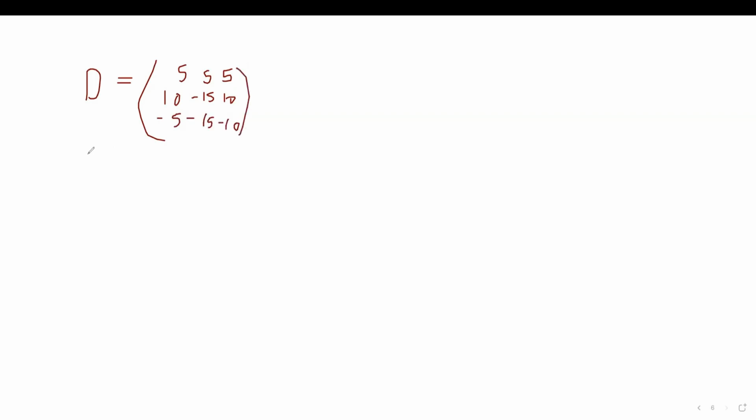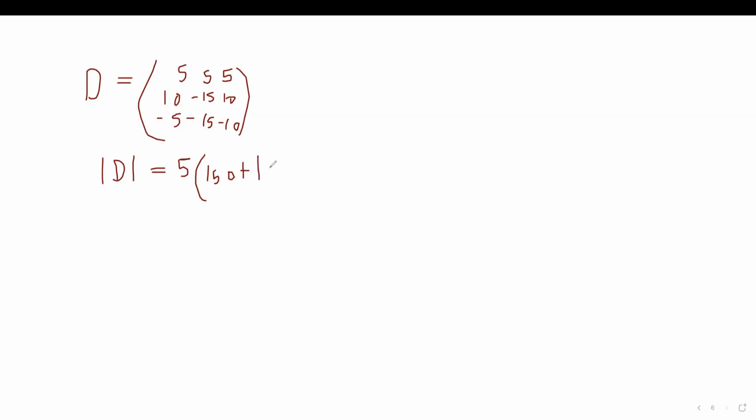And then now we need to just find the determinant of matrix D. The determinant of matrix D is row by column. That's going to be 5 times the determinant of minus 15 times minus 10, that's 150. And this is going to be plus 150. Just want to make sure I do it right.